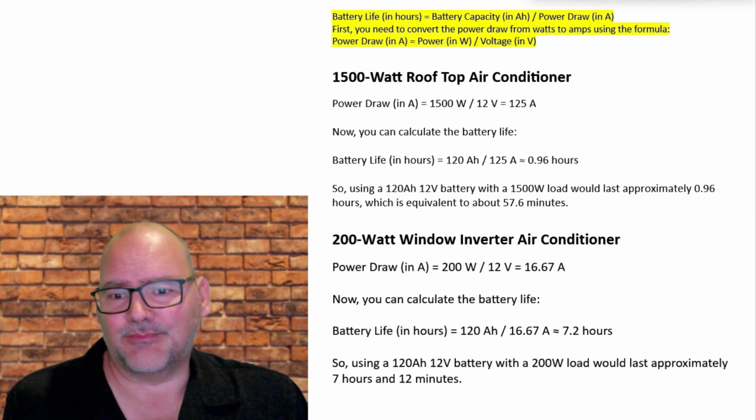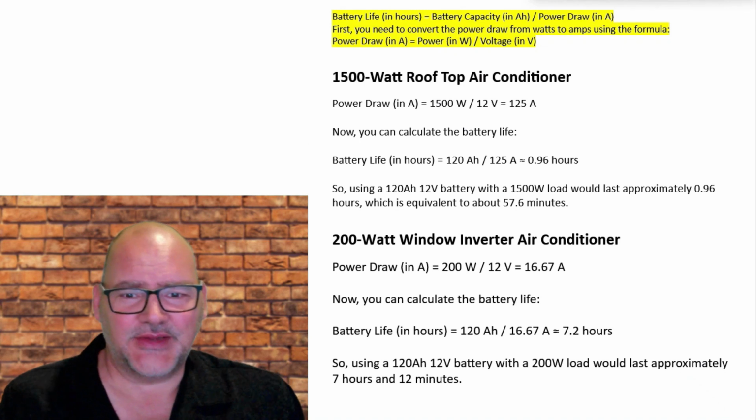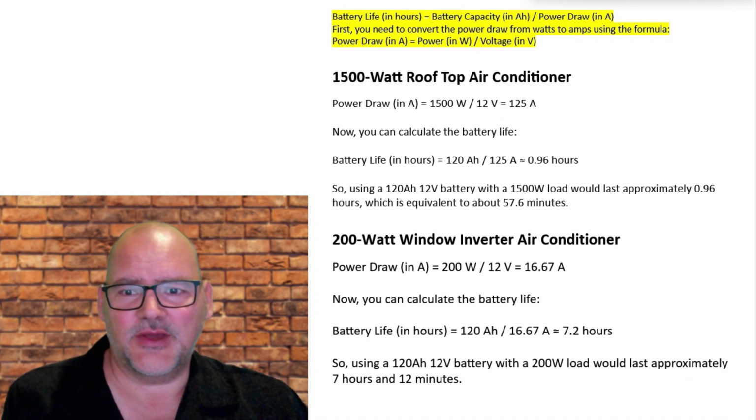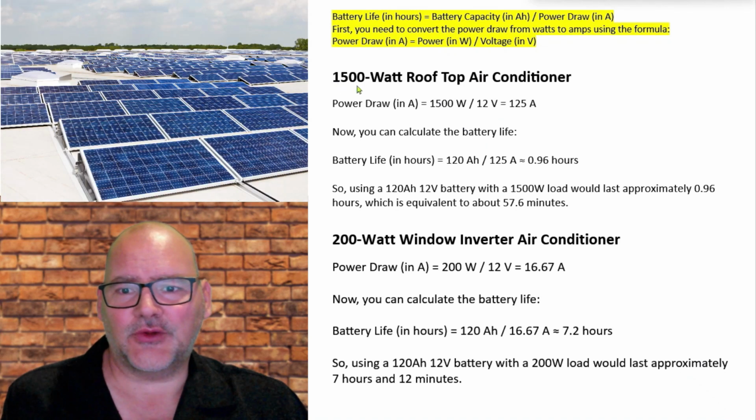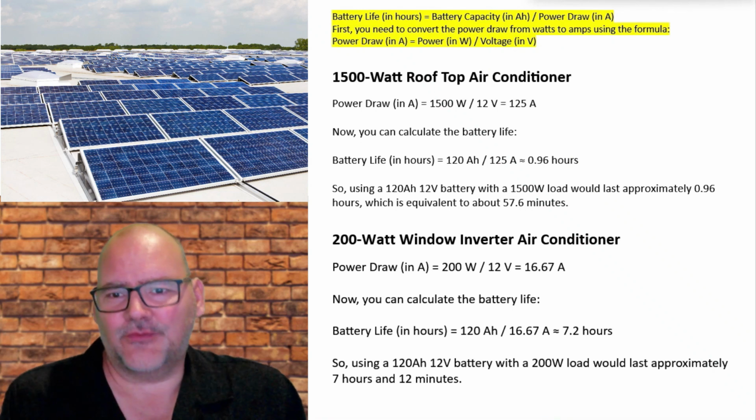I have a small to mid-size RV, and when you have a small to mid-size RV, are you going to be able to put 2,000 watts of rooftop solar panels on that roof? You don't have the space for it. There's not enough space to put 2,000 watts of power on the roof.